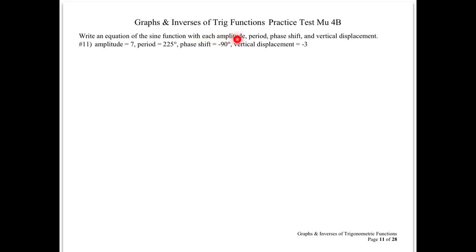Write an equation of the sine function with each amplitude, period, phase shift, and vertical displacement. Period and phase shift, using those, requires quite a bit of work. We take theta and put it in the center of a compound inequality. On the left, we put the phase shift. On the right, we put the phase shift plus the new period.